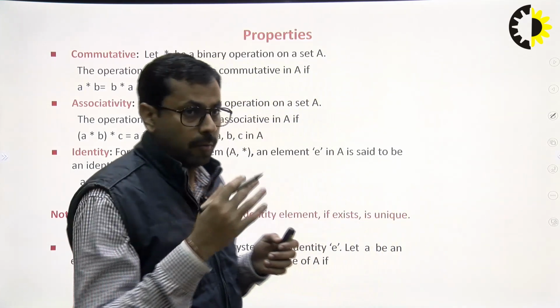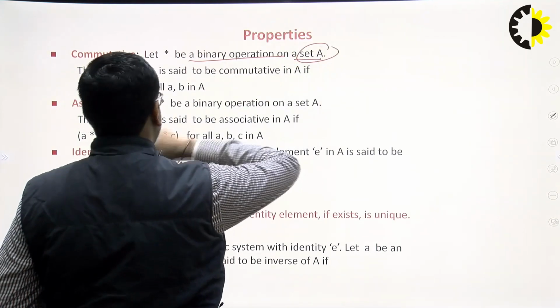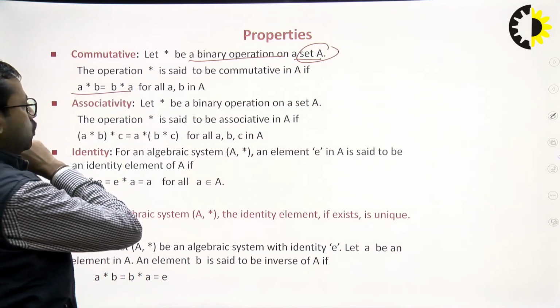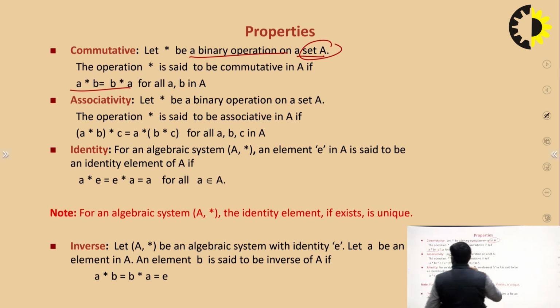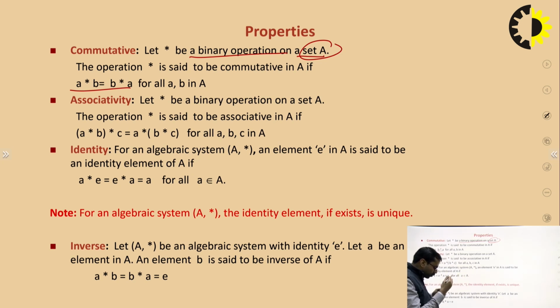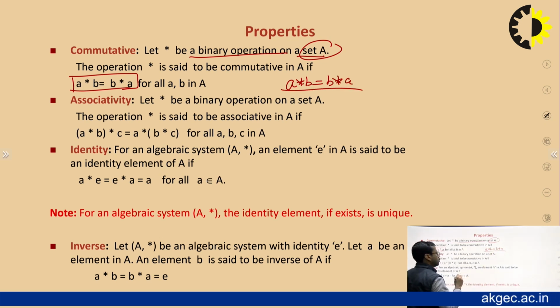If we apply a binary operation on a non-empty set A in such a way that A star B equals B star A, where star is the binary operation, and such a property holds in the algebraic structure, then we can say it is the commutative law.